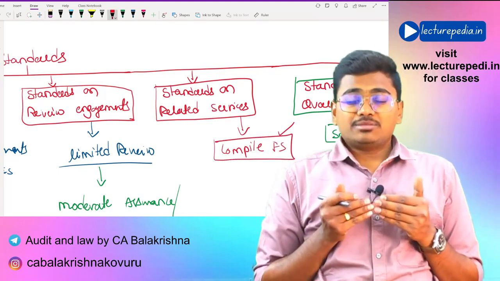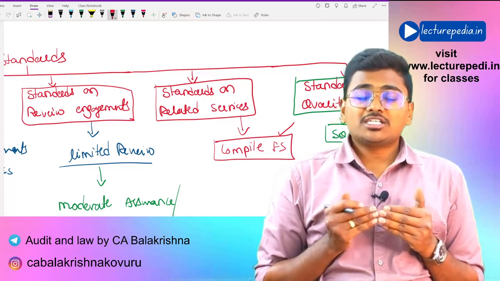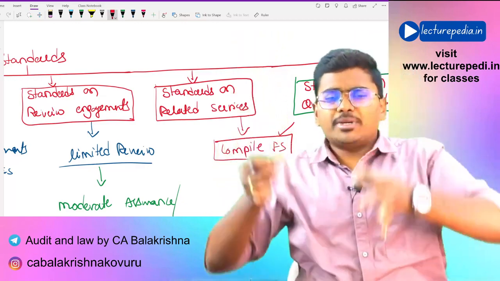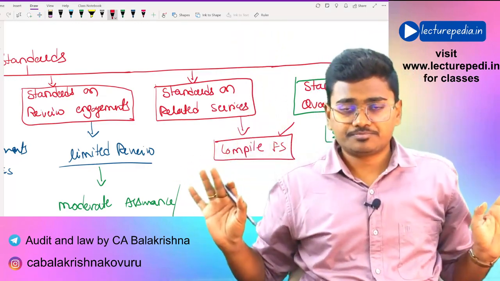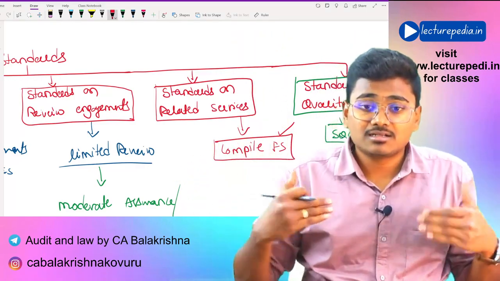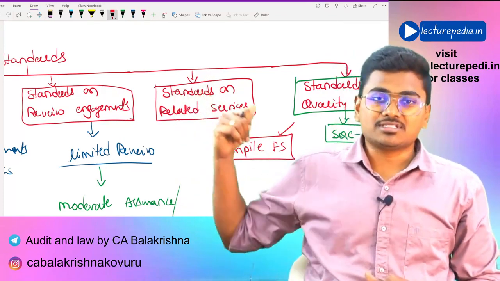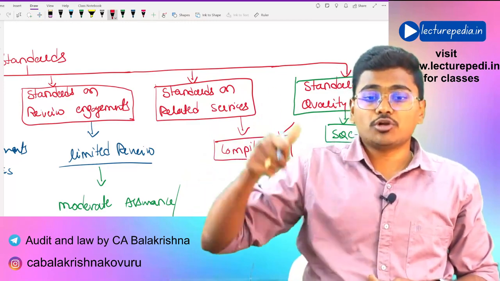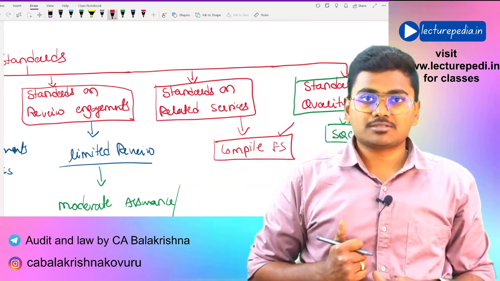Now in this assignment, the auditor will not give any assurance, he will not give any opinion, he will just prepare the financial statements, that's it. So these are related services. While doing these types of services, the auditor needs to follow standards on related services.